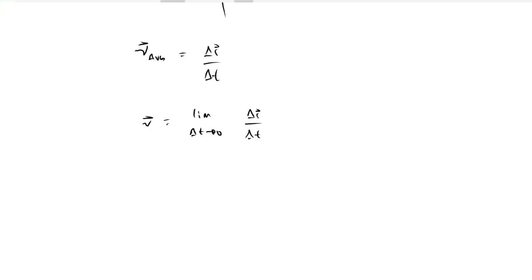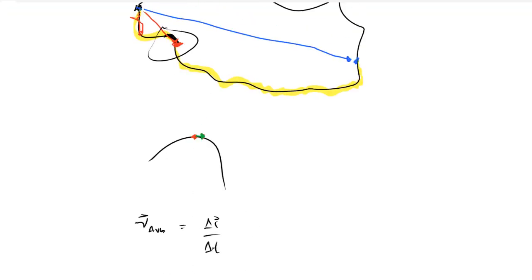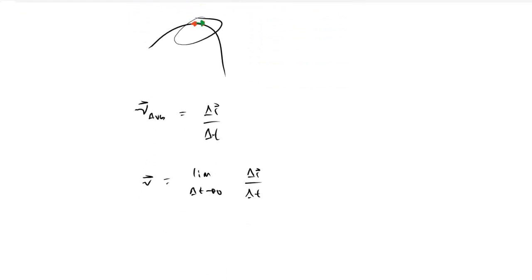All this means is I'm putting the 2 points closer and closer together such that basically one point is a nanosecond after the other, and then I get an average velocity between those two very close points, which is exactly what we did up here. We took 2 points incredibly close together, and we just took an average velocity between those 2 points. So this is how we define our instantaneous velocity.